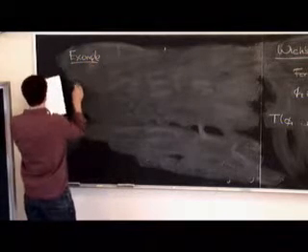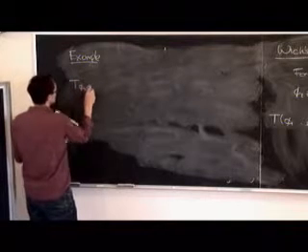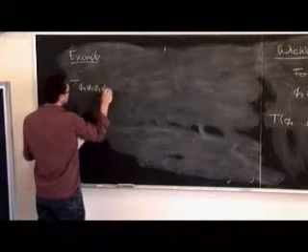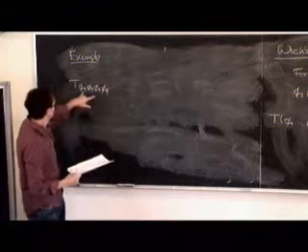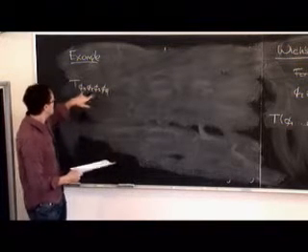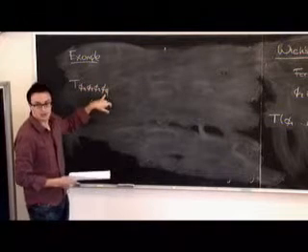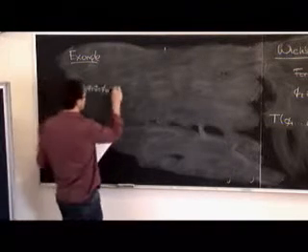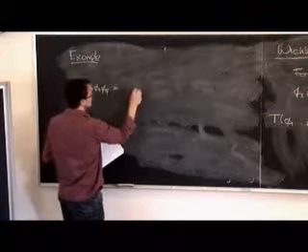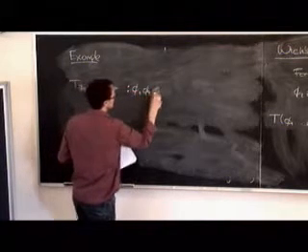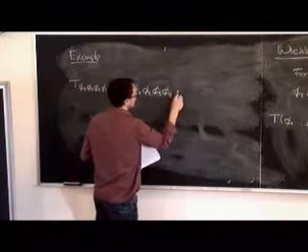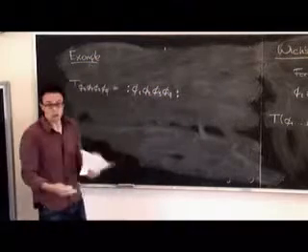So an example is to take 4 fields. An operator that's a string of 4 of the same fields evaluated at 4 different points. So what do I mean by this? The time-ordered product is equal to the normal-ordered product plus all possible contractions.